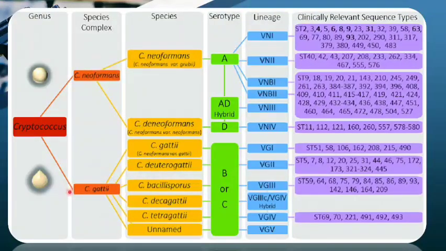And just fun fact: this one is found in barks of eucalyptus trees. That's where it is mostly found, in regions where it's prevalent. But here we'll talk about Cryptococcus neoformans. There are species and serotypes and lineages. Well, these are beyond this presentation.